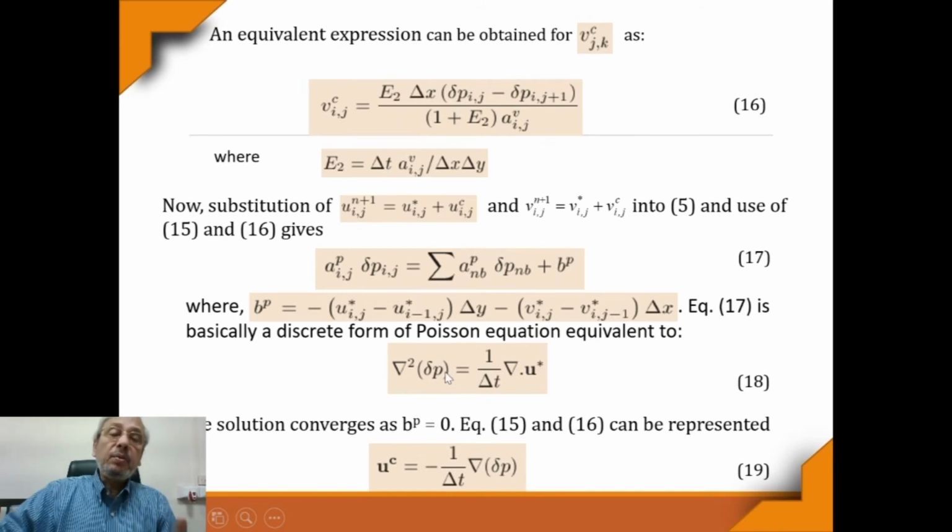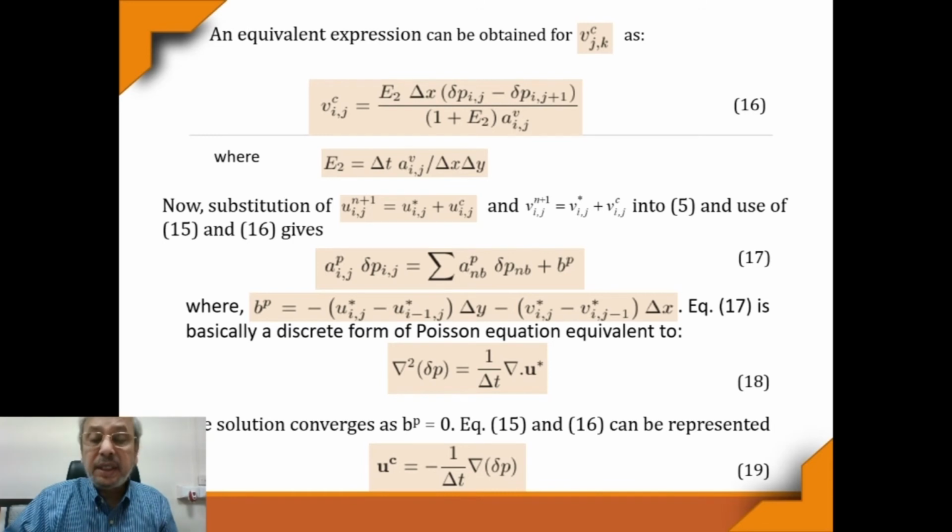as you can see here, it will be a pentadiagonal matrix. It will involve unknowns at i,j, i plus 1,j, i minus 1,j, i,j plus 1, i,j minus 1. You have to run in the entire domain, i equal to 2 to i max minus 1, j equal to 2 to j max minus 1, and you will get this matrix.